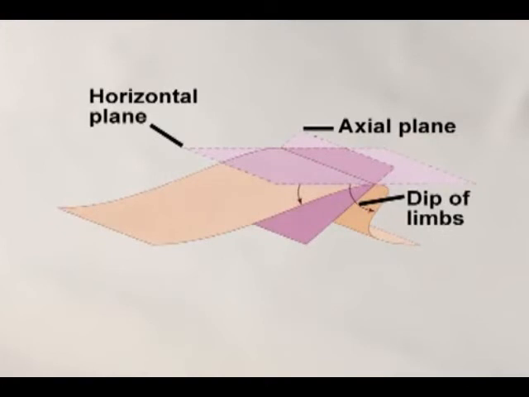It's still asymmetric, but then it's going to go beyond that point, and now we have an inclined axial plane with both limbs dipping in the same direction. Now it's beyond asymmetry, it's overturned.